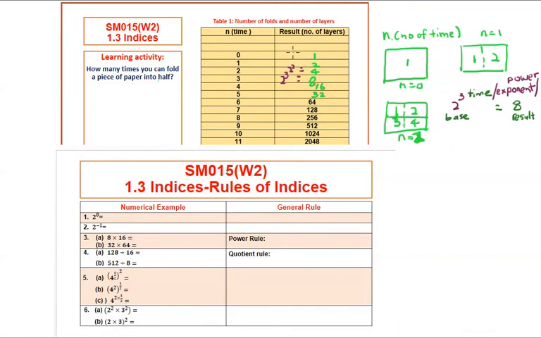You haven't started to fold the paper yet, so the number of layers is 1. 2 raised to power 0 is 1. Okay, so from this table, we try to get a few properties of indices. So in general, a raised to power 0 is equal to 1.